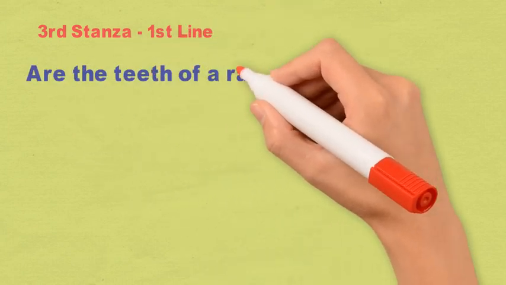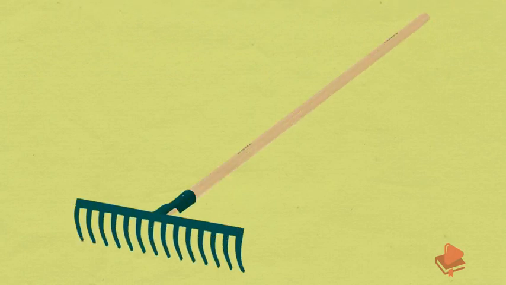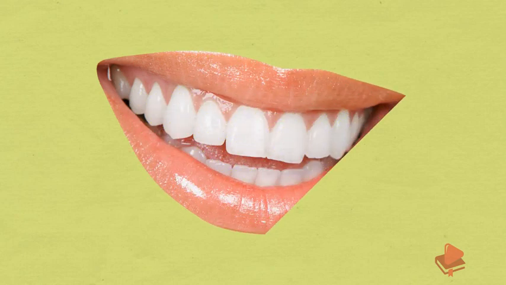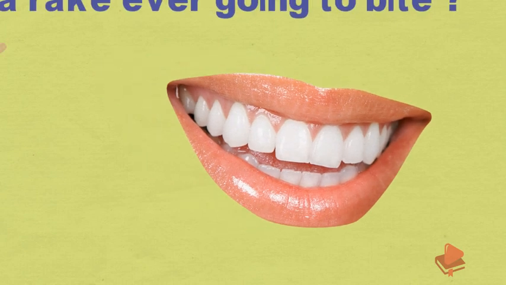And further, he tells, are the teeth of a rake ever going to bite? In this picture you can see a rake, which is used in the garden for cleaning the leaves. And on this side you can see the picture of the teeth of a human being.